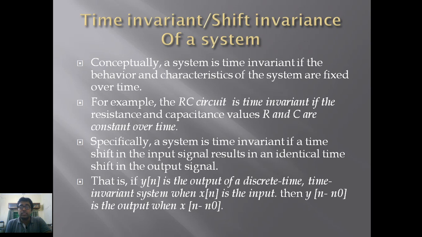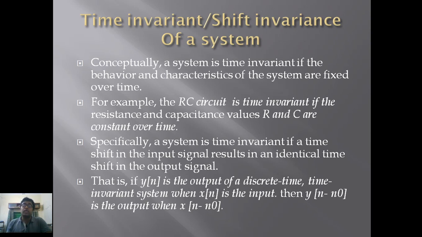Specifically, a system is time invariant if a time shift in the input signal results in an identical time shift in the output signal. That's the important point. The important feature is that if y[n] is the output of a discrete time invariant system when x[n] is the input, then y[n - n0] is the output when x[n - n0] is the input.